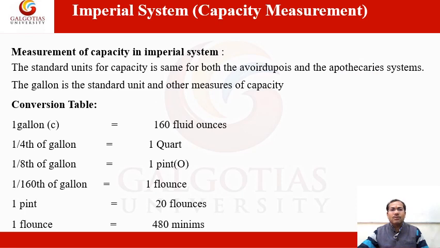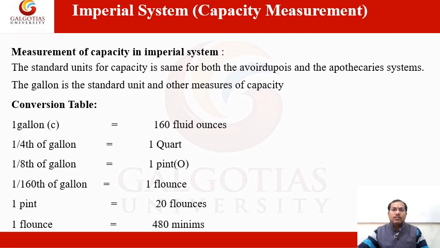It is also important to note that the unit of capacity is the same in both the Avoirdupois system and the apothecary system, and this unit is gallon. Gallon is the standard unit used in both systems to measure the capacity.